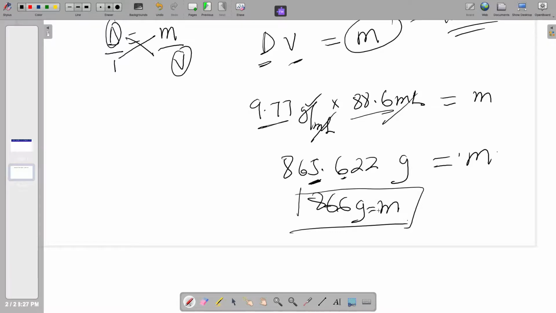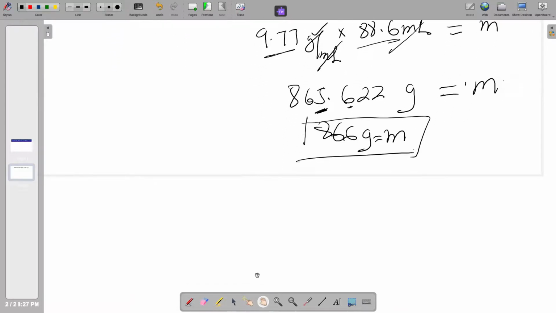Okay, so this is a straightforward problem. In isolating m, we just had to cross multiply density by volume. Another way of solving this is to draw a table, just like we saw in the previous example. We are given our volume and our density, but as I pointed out, normally the number with just one unit is what you write at the top left corner.